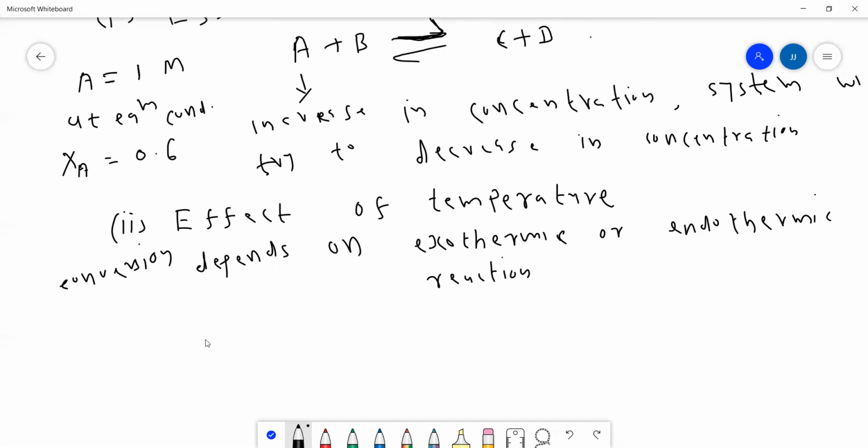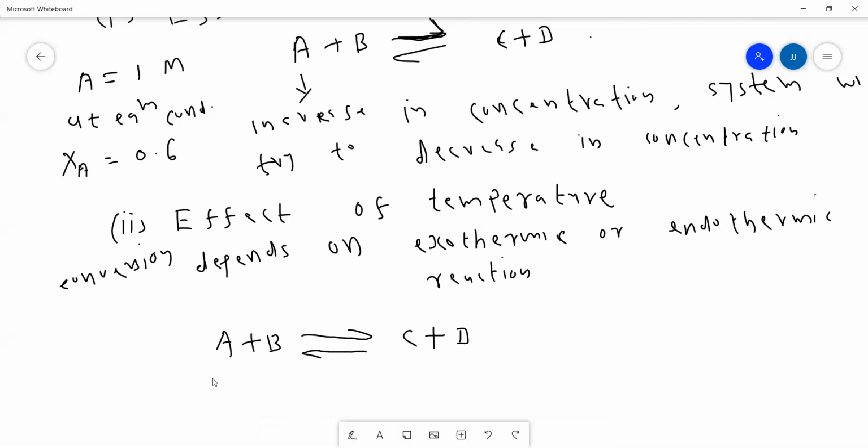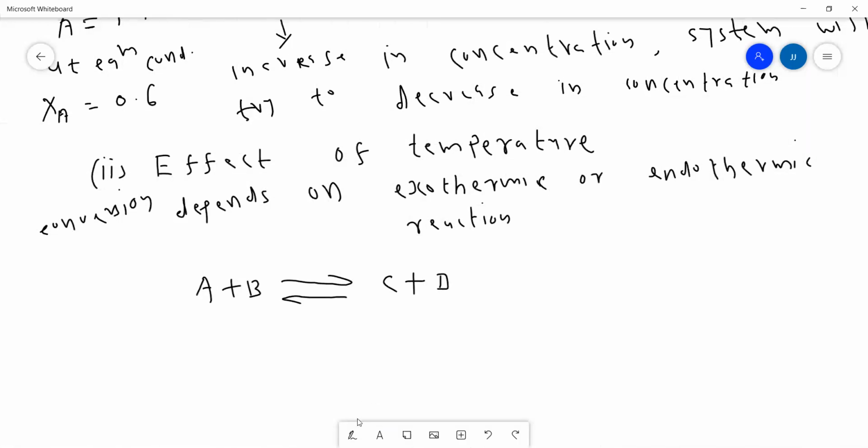Let's say, for example, we have a reversible reaction, A plus B reversible to C plus D. Let's say this is an exothermic reaction.